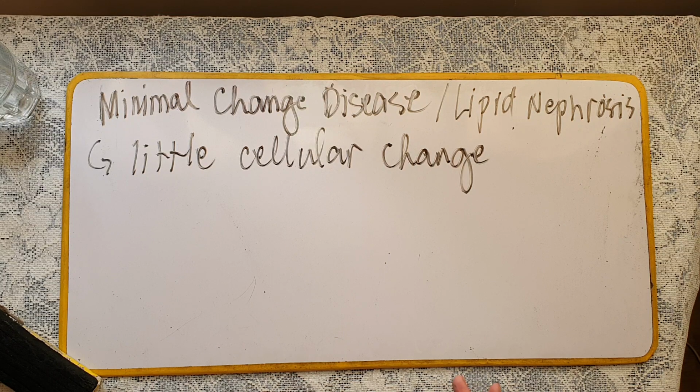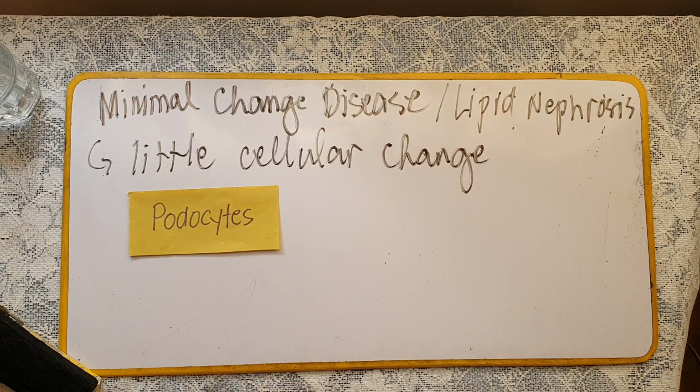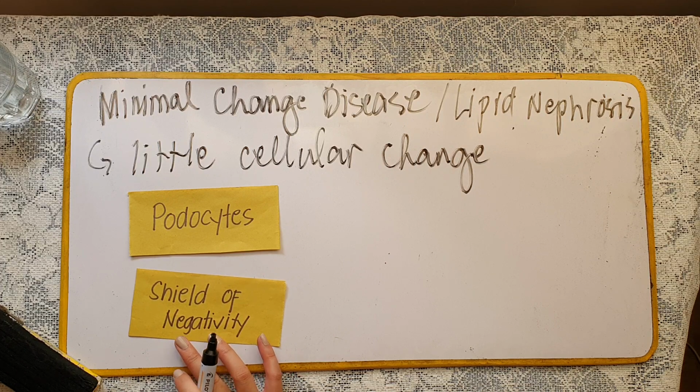With the exception of damage to the podocytes, the main damage here is to the podocytes of the glomerulus, together with the shield of negativity, allowing for an increased protein filtration.